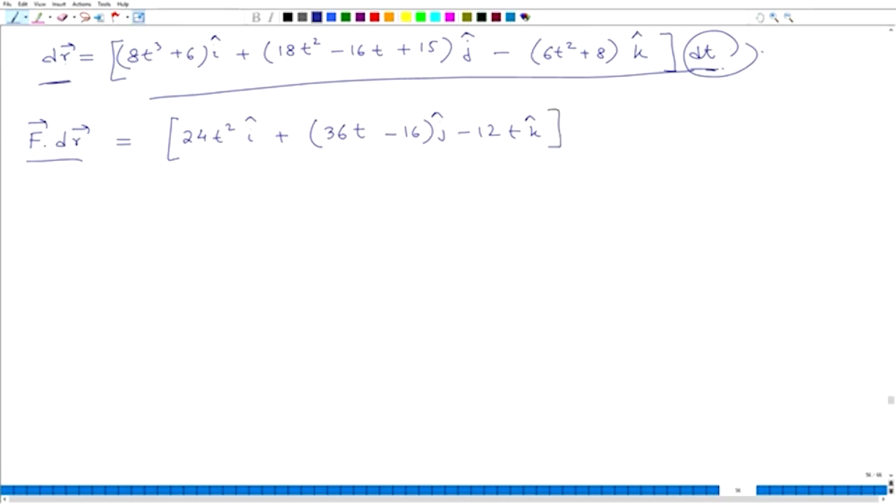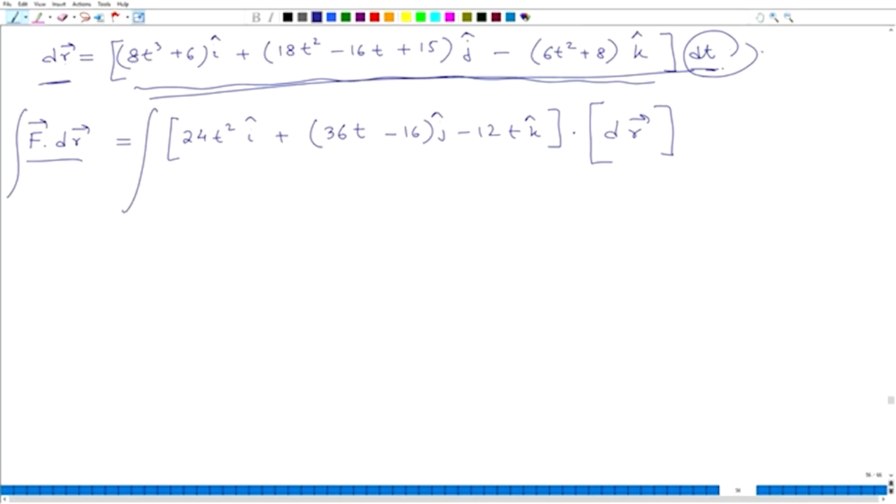Then you just take the dot product with this whole thing. I just write here dr, so that you can easily write it. And so there is a dt. Now you integrate. So this will be an integration over t.